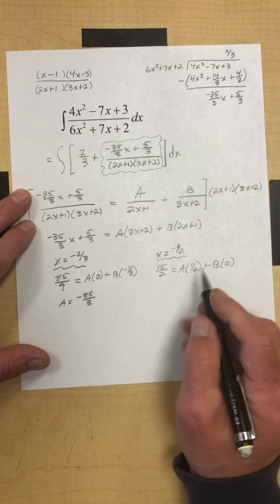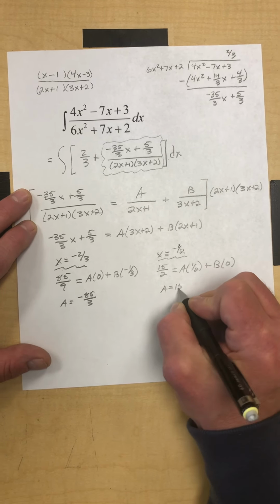You divide both sides by 1/2, so we just get A equals 15.